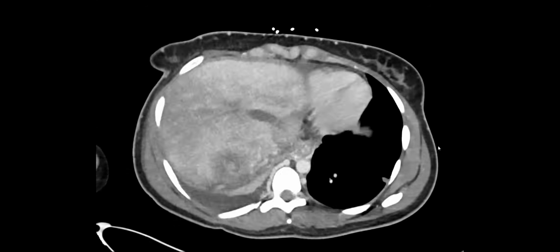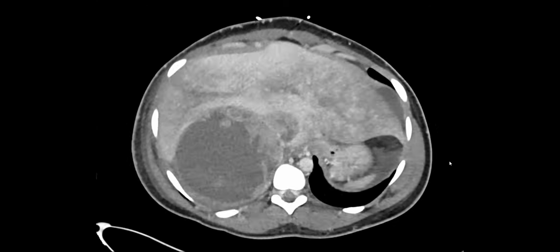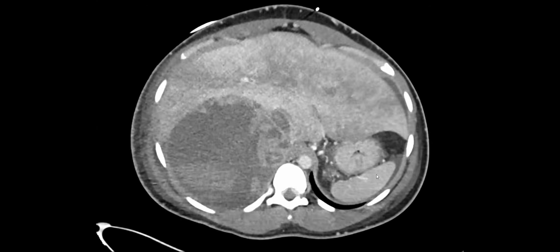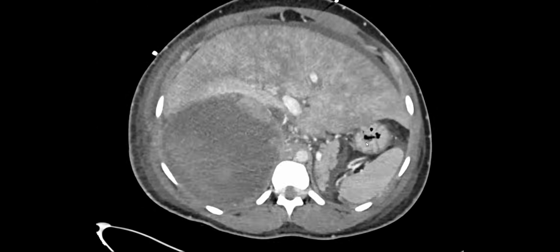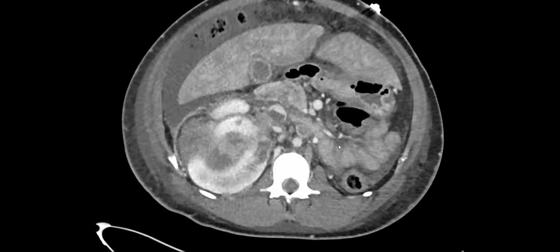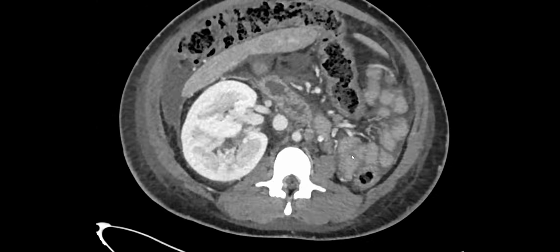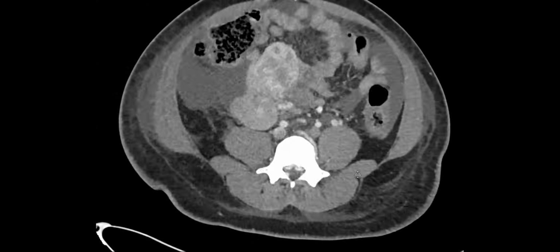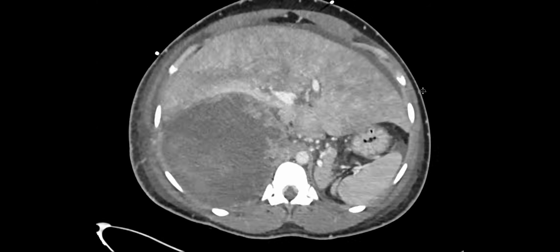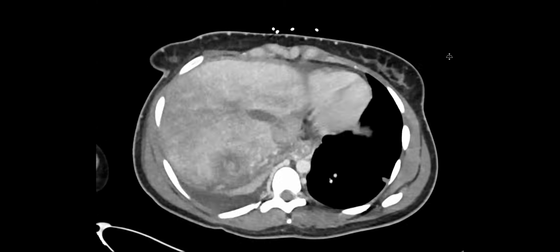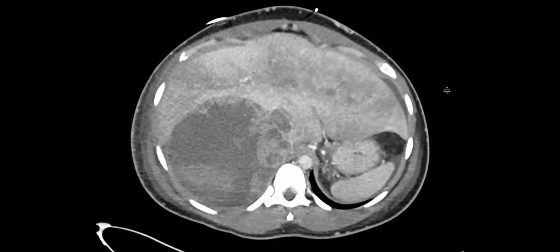Adrenal lesion, good thought. I'm just going to scroll all the way through. Do you have the coronal? I do, yes. And there's thrombus in the IVC, tumor thrombus.